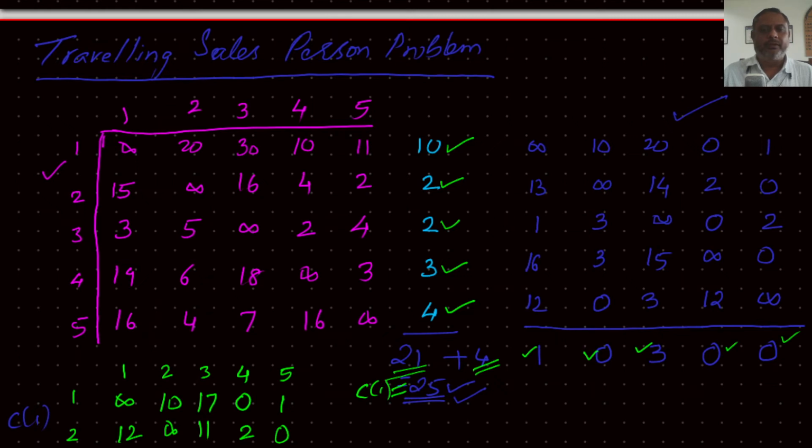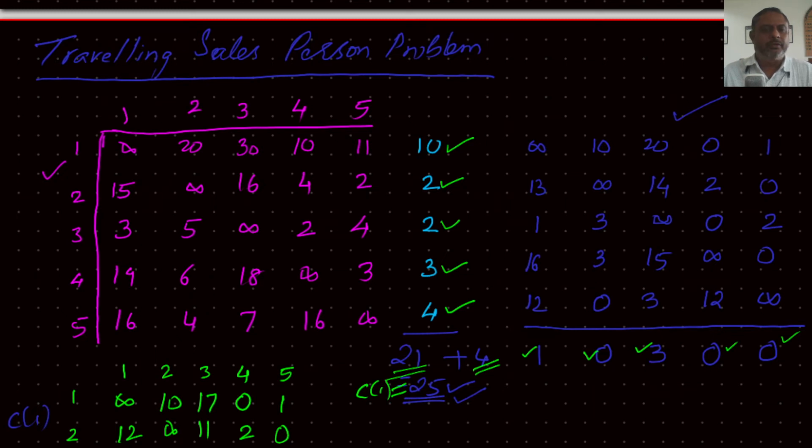Other things we are copying from 1 4 now. So from this we are copying. So 0 here, 0 here, 0 here, 0 0 0. So the cost of this is 0.